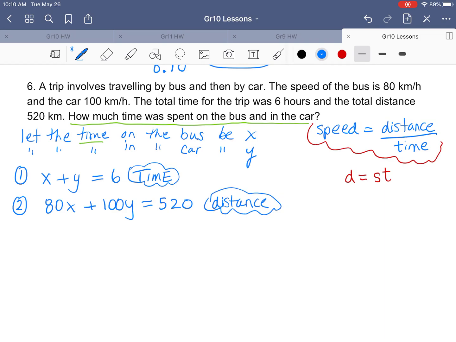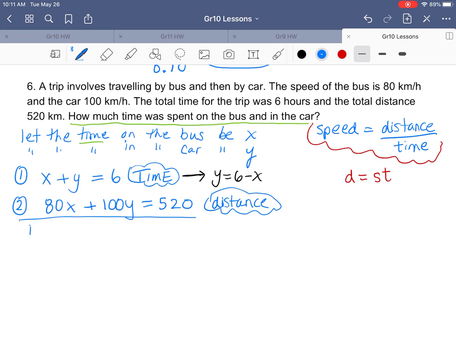Now, the rest of the question, that was the hard part, setting up those equations. The rest of the question we are going to solve as we did the others. And I'm just going to rearrange equation 1 again so that we have it as y is equal to 6 minus x. Again, you can also solve this using elimination.